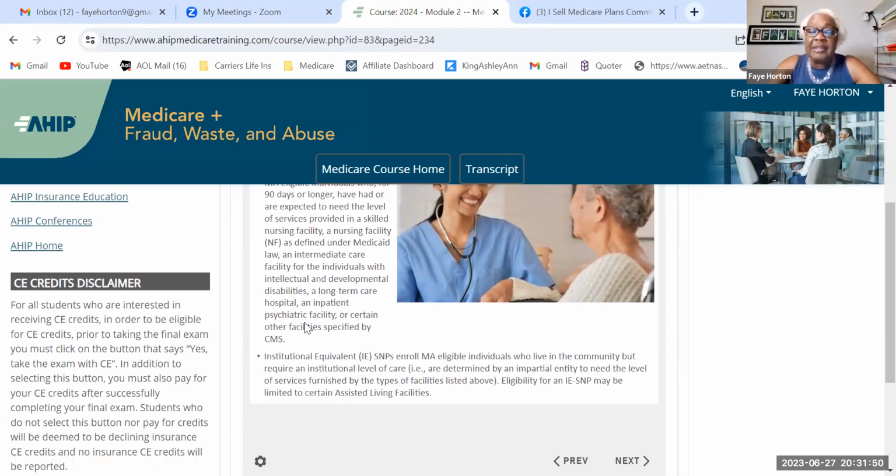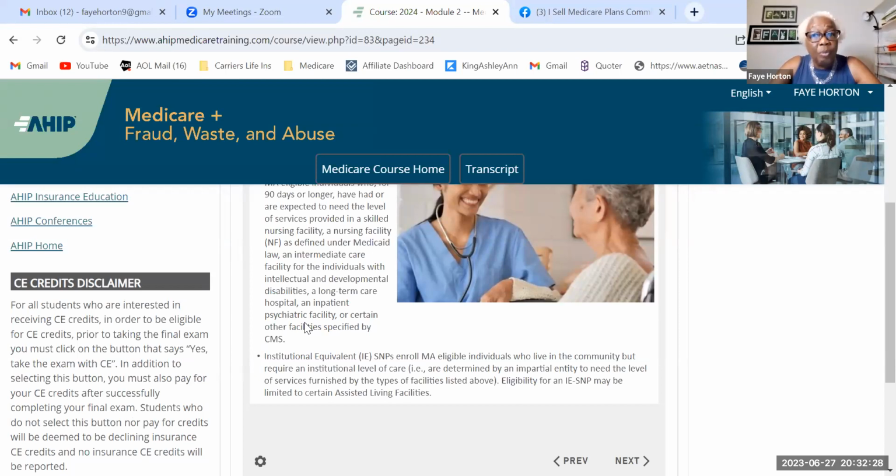Institutional equivalent SNPs enroll Medicare Advantage eligible individuals who live in the community but require an institutional level of care, such as are determined by an impartial entity to need the level of services furnished by the types of facilities listed above. Eligibility for an IE-SNP, institutional equivalent, may be limited to certain assisted living facilities.